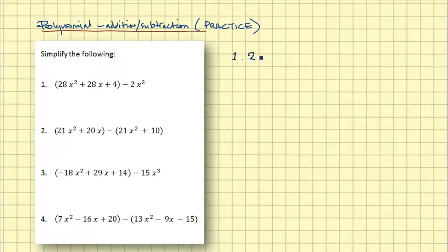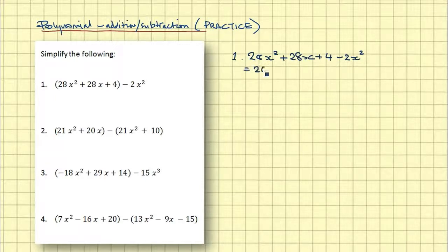So all we need to do is rewrite this. So question 1 we can just write as 28x squared plus 28x plus 4, subtract 2x squared. So now we've dropped the brackets, we want to gather up like terms.